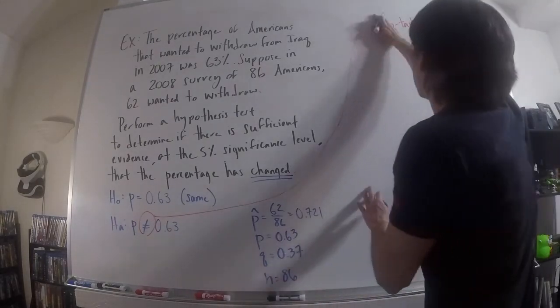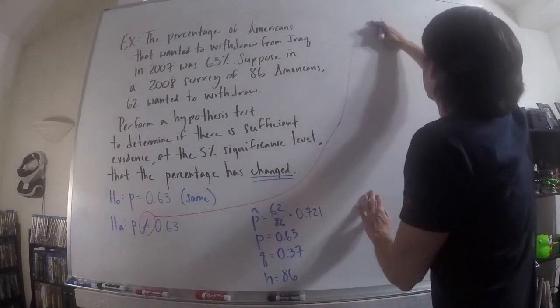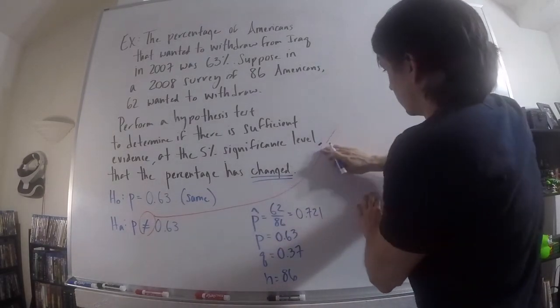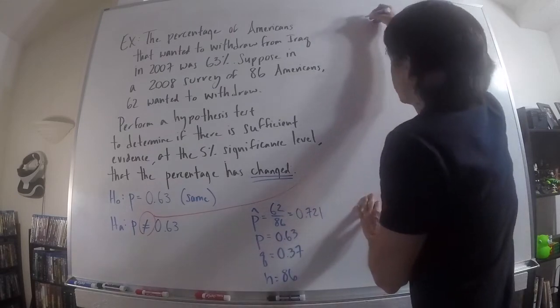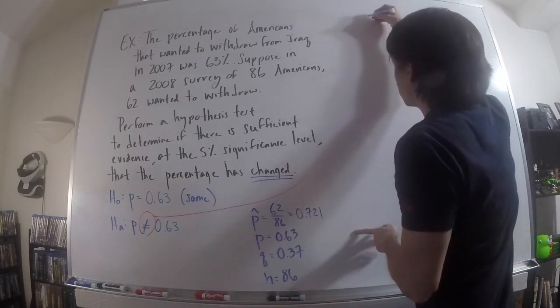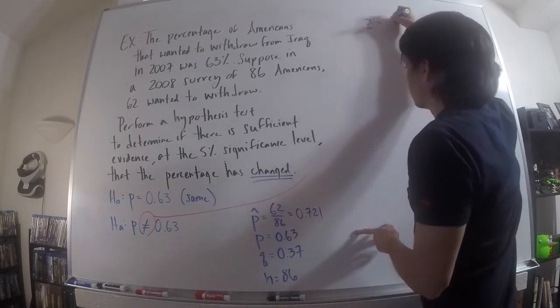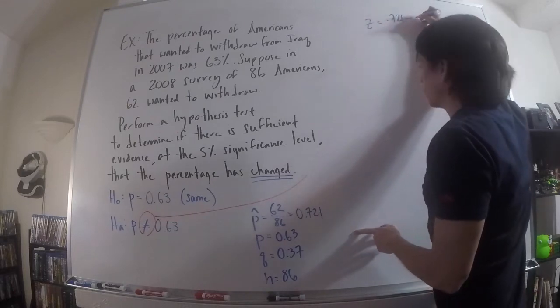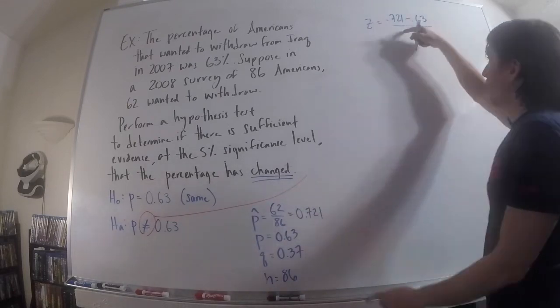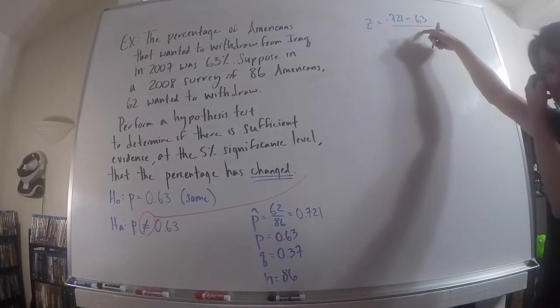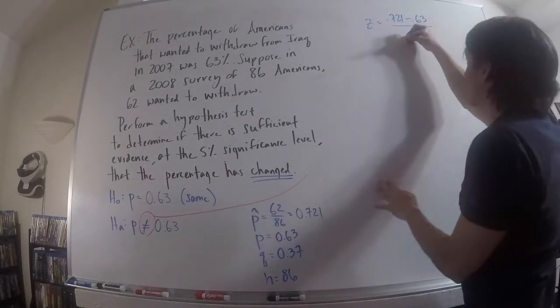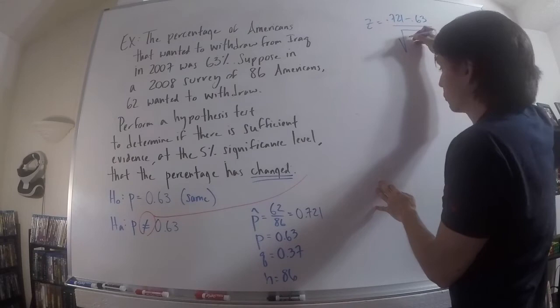I'm going to do it up here, meaning I'm losing my reminder, but I'll remember. Z is equal to 0.721 minus 0.63. I want to note that's a difference of 9%, so it's 9% above what it should be. I'll mention that later, but I'm just going to note that now.